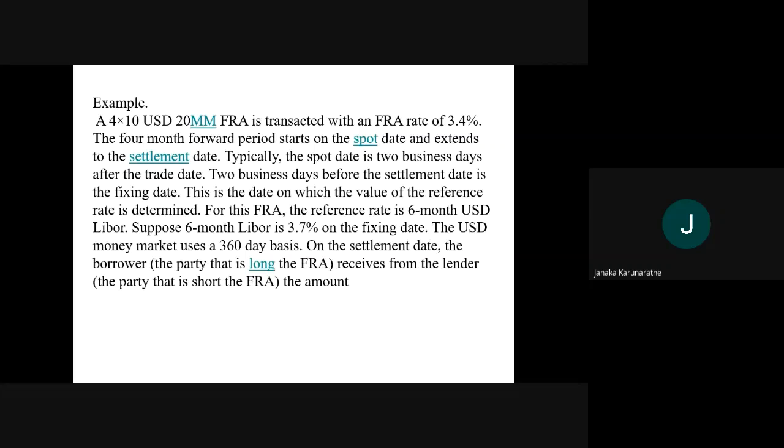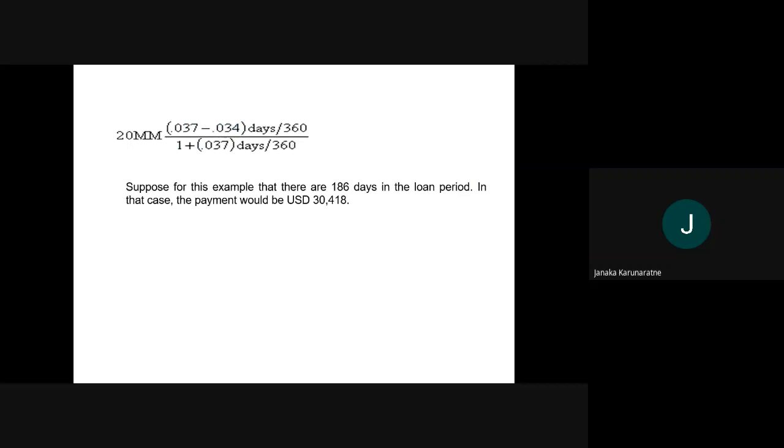Because the FRA rate is 3.4, the buyer agreed with the seller to borrow at 3.4, and if the actual LIBOR is 3.7 on the fixing date after 4 months, then how much will you receive?